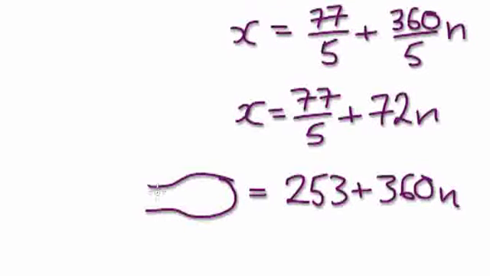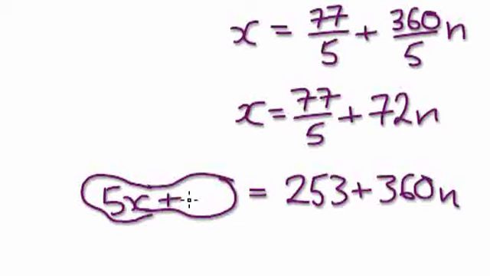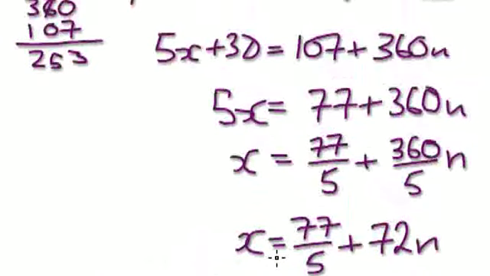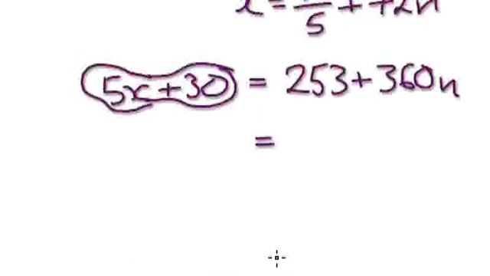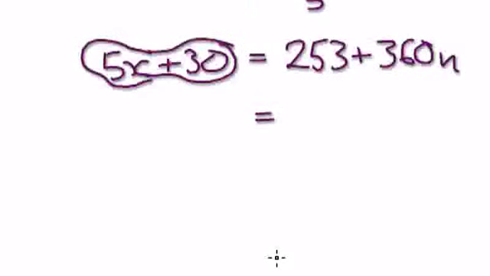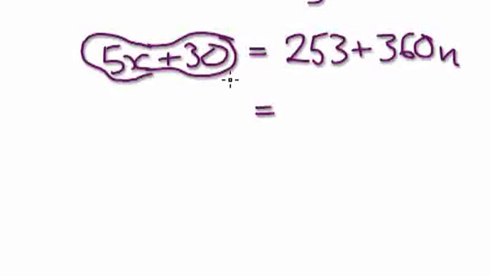The bubble is 5x plus 30. Let me just double check. Yep, it's 5x plus 30. Then kill off this 30 by taking away 30 from both sides.